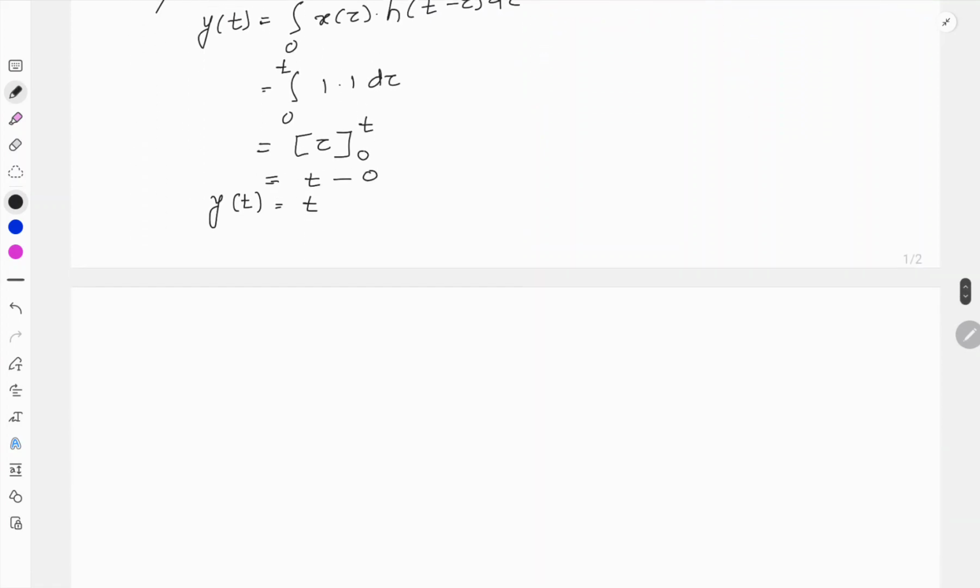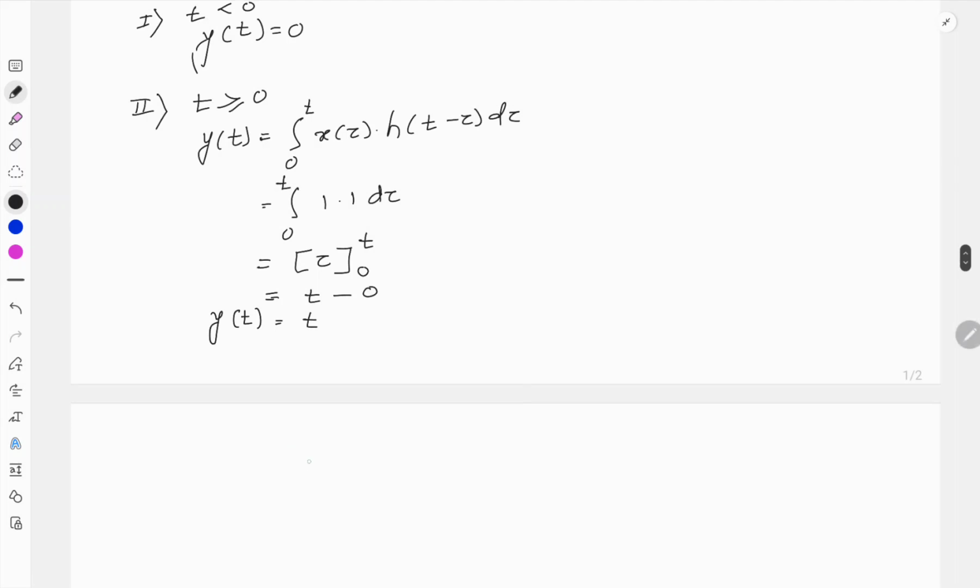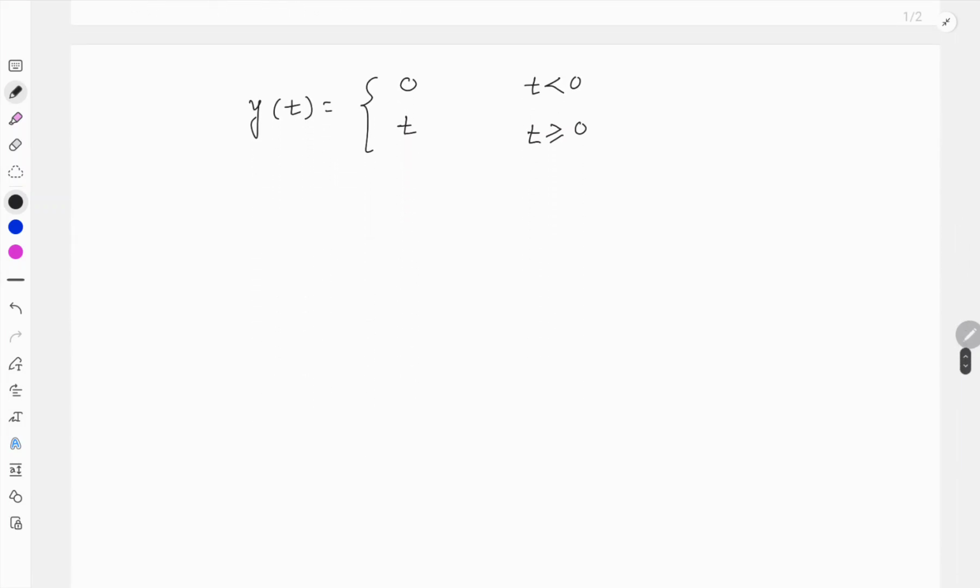Now we will represent this y of t in a proper equation form. Here y of t is equal to, it exists for two conditions, t less than 0 and t greater than or equal to 0. For less than 0 it is 0 and for greater than or equal to 0 it is t. And if we draw this diagram, here is t, and the y axis represents y of t.